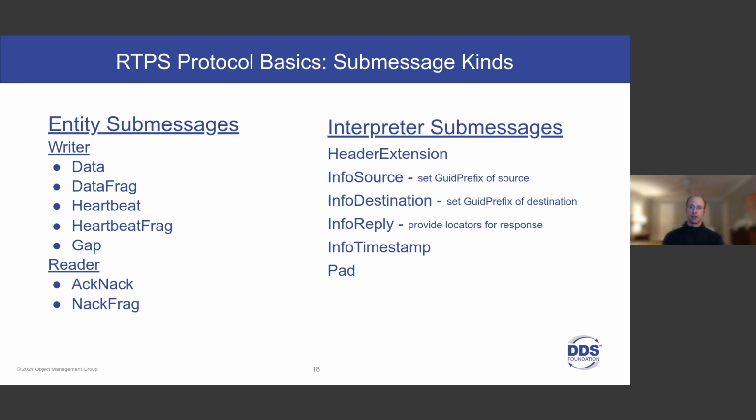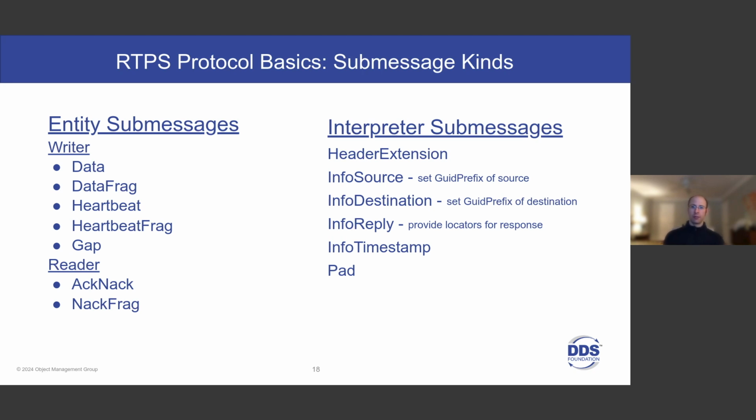Info destination is used to set the GUID prefix for the destination for certain messages. So some messages, such as an ACKNACK, are directed. They go from a reader to a specific writer. So in order to identify which specific writer, infodest can be used to specify the GUID prefix that would be used for that.